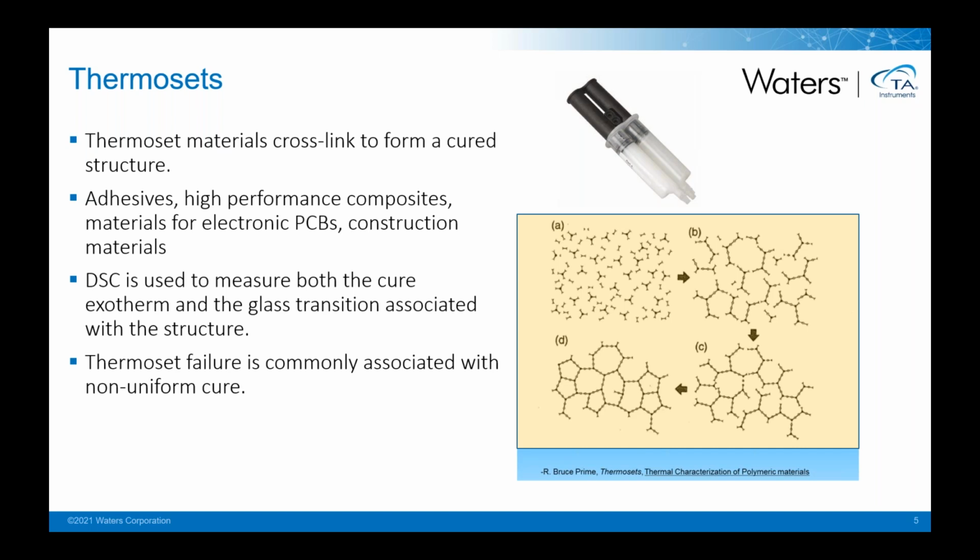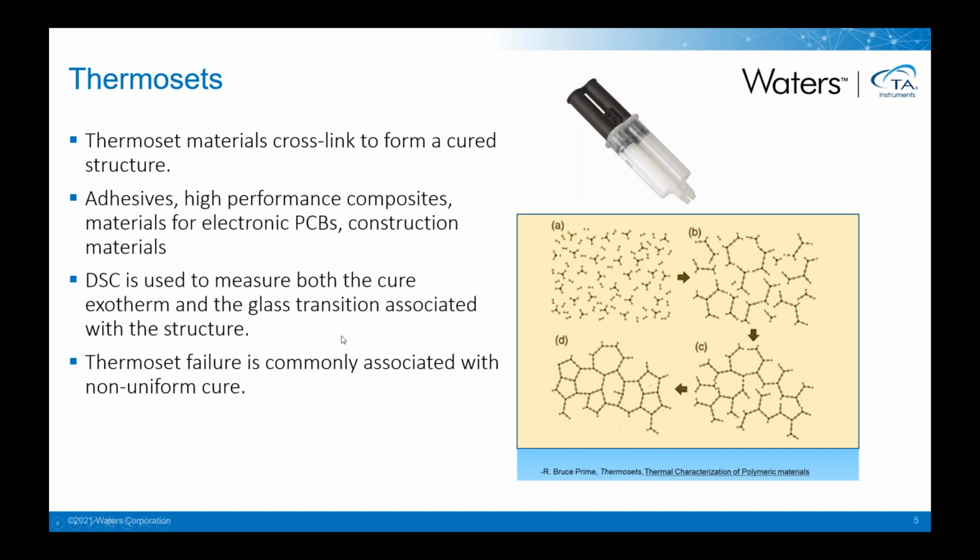They're materials in electronic PCBs, construction materials, and so forth. DSC is used to measure the curing exotherm, the amount of heat generated during this reaction as we're going from our 2 parts to our single, intertwined, chained structure. We can see both the exothermic cure from that reaction as well as the glass transition associated with that structure, or even the glass transition as it moves through the various cure states.